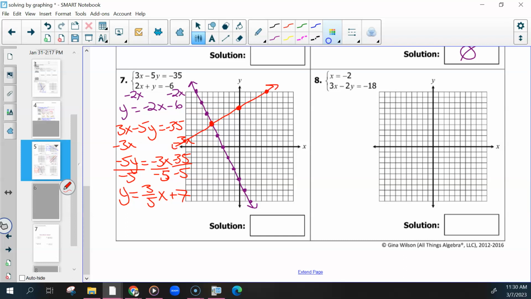While you're drawing your second line, you'll probably see what your solution point is. If you want to pause, write it down, and then go back and finish your graph, that's fine. You just have to make sure you finish off your graph.